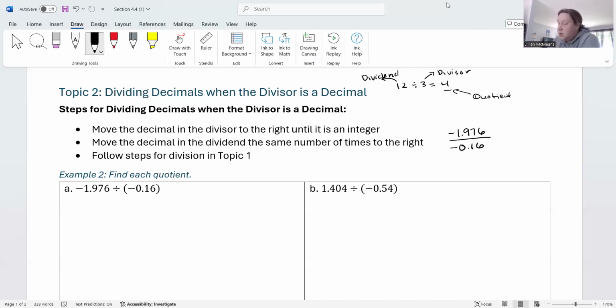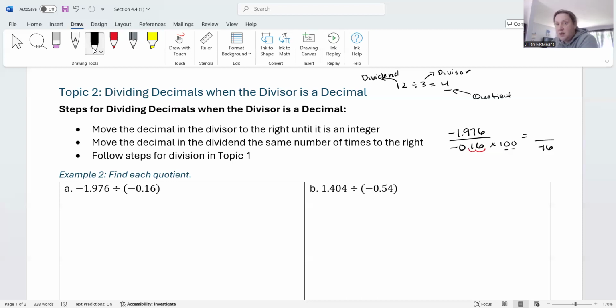Okay, well, that's fine. So essentially, I need to move my decimal to the right twice, which we know is secretly multiplying by 100. If I multiply by 100, each zero in my power of 10 allows me to move my decimal to the right once. So by multiplying my denominator by 100, I get negative 16, which is great. I could divide by negative 16.